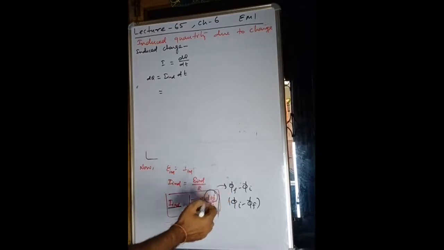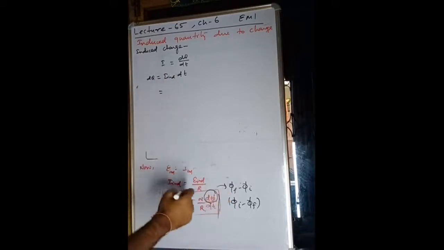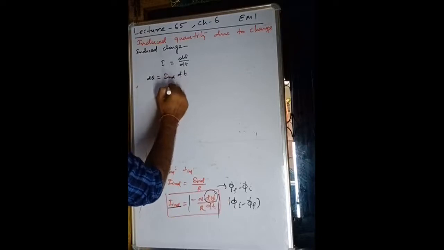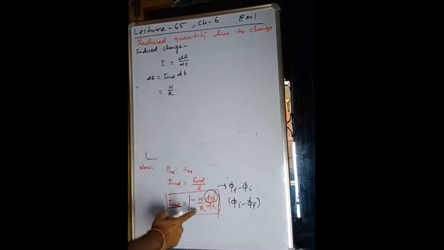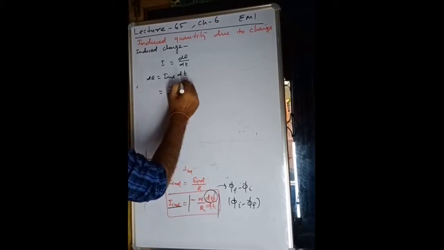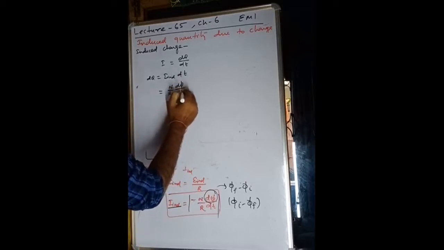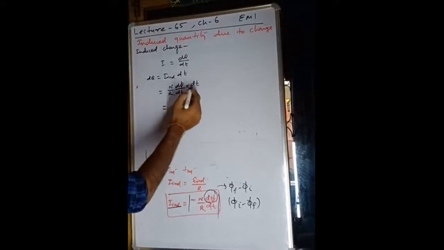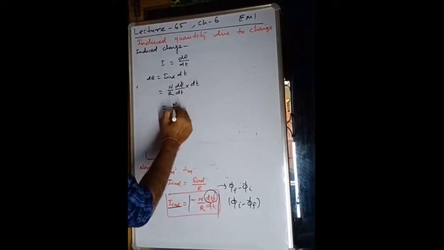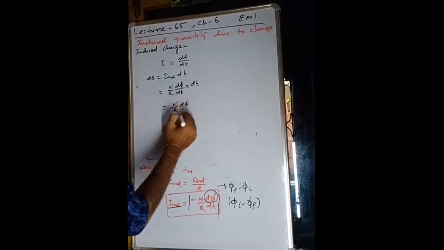Okay, you can change this equation. Now, I induced can be written as N by R d phi by dt, times this dt, and dt cancels out, so dq is N by R d phi.